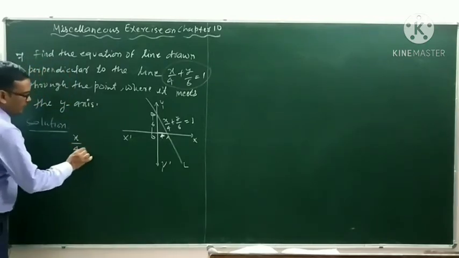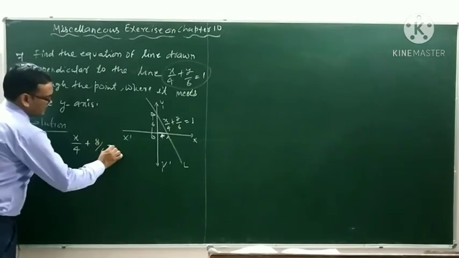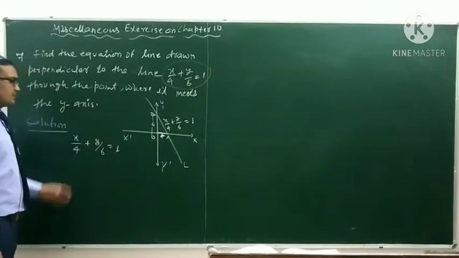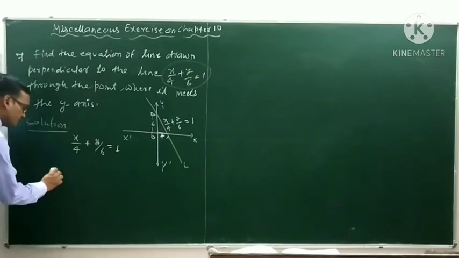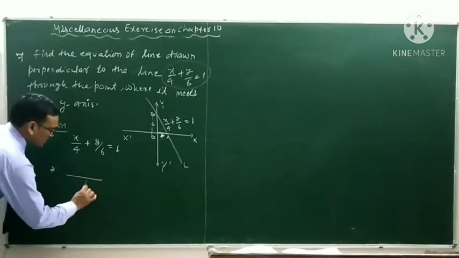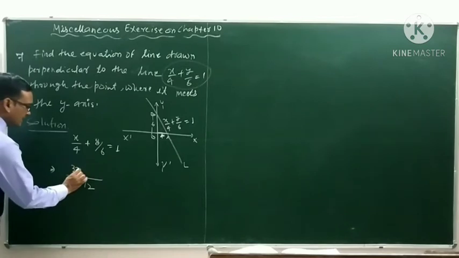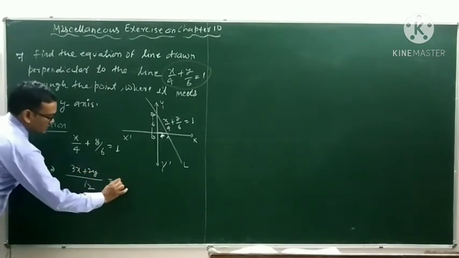x upon 4 plus y upon 6 equal to 1 is the equation of the line. This equation is also written as 3x plus 2y upon 12 equal to 1.